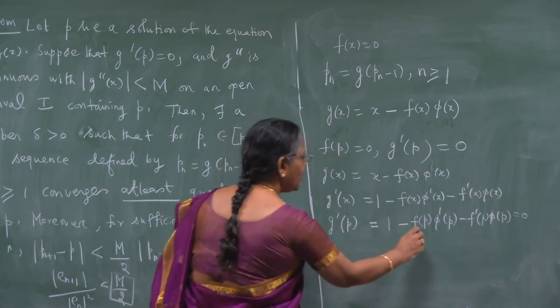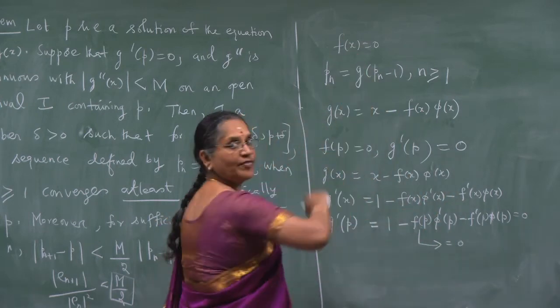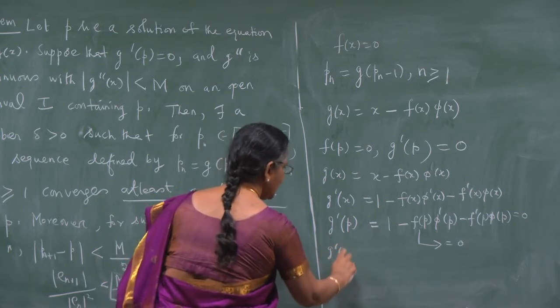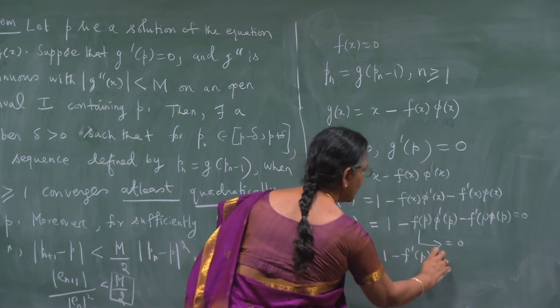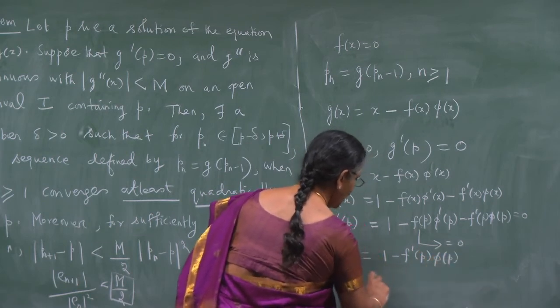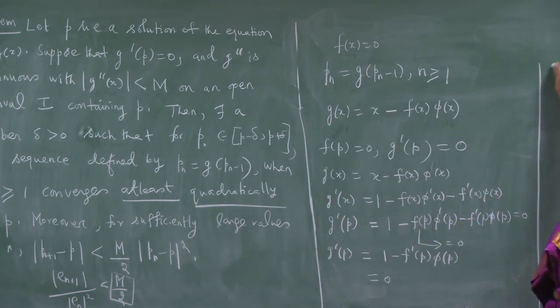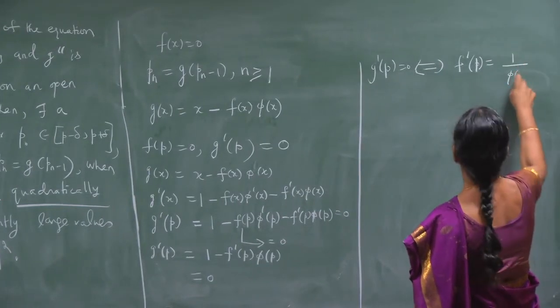So, we know that f of p is 0 because p is a root of the equation f of x is equal to 0. So, this tells us that g dash of p is 1 minus f dash of p into phi of p, and we want this to be equal to 0. So, g dash of p is 0 if and only if f dash of p is 1 by phi of p.